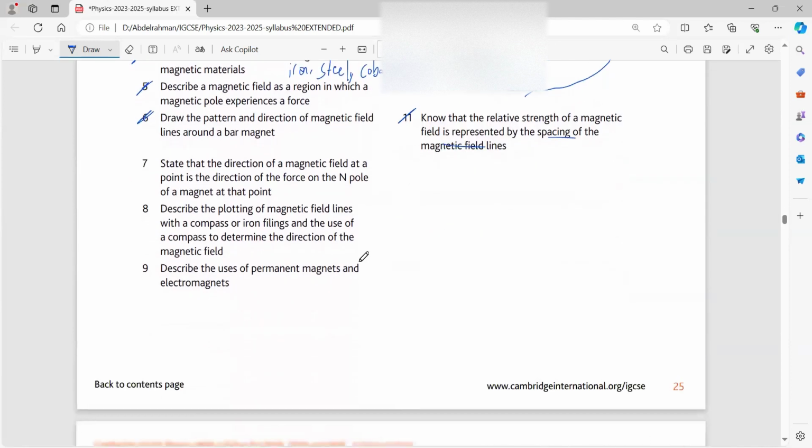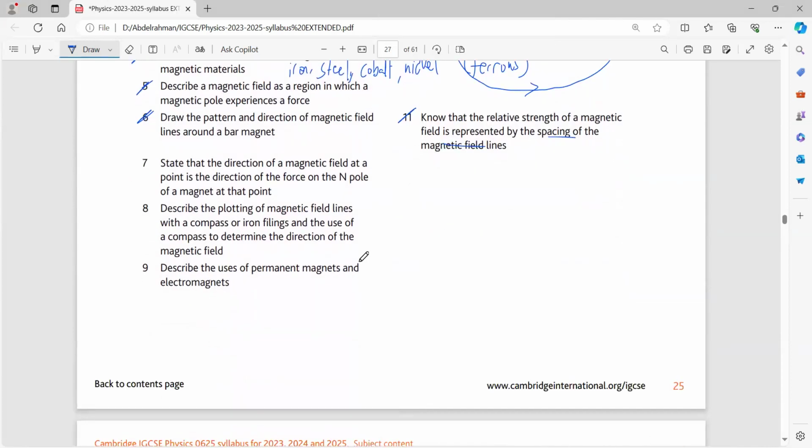State the direction of the magnetic field at a point as the direction of the force on the north pole of a magnet. This is when we use the compass. We have a magnet with north and south.